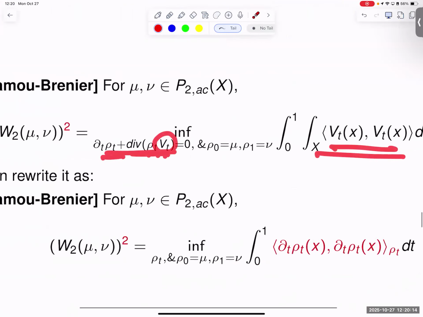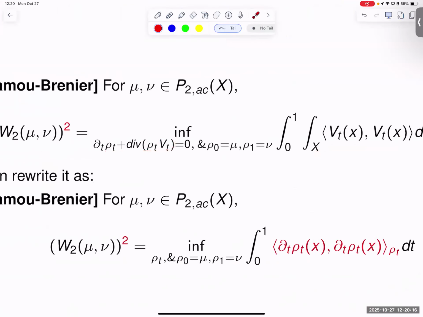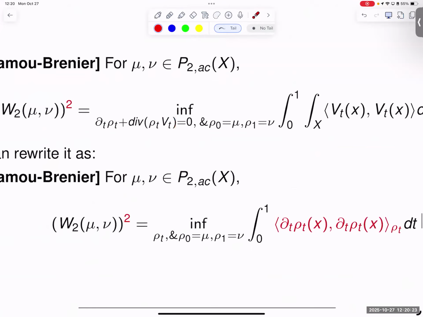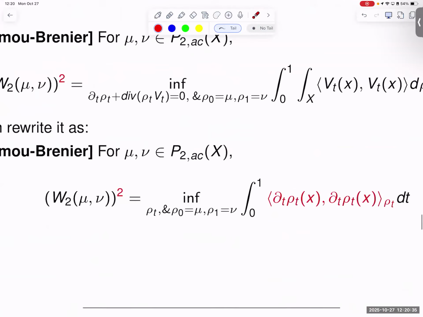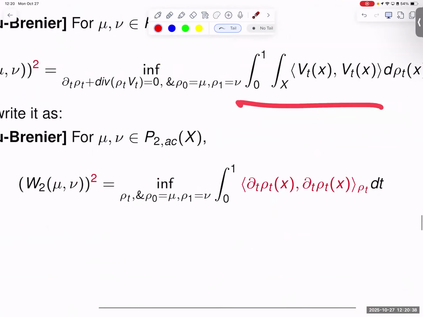This energy is minimized when the vector field is the gradient of u_t, and the gradient of u_t corresponds to the velocity of the curve, and then this expression can be written as just this.